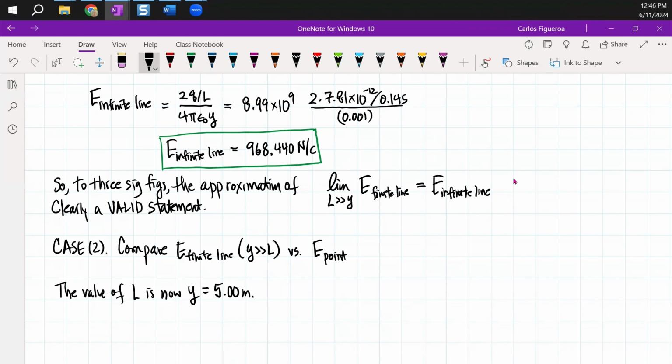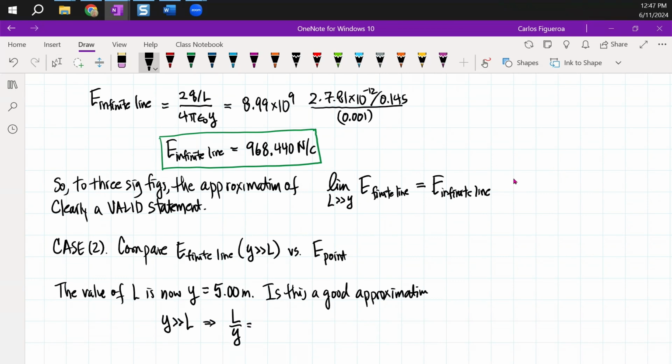So again, is this a good approximation? As we said before, we're saying that y is much, much bigger than L, but that's not how we write it. We write it as the ratio of L over y.